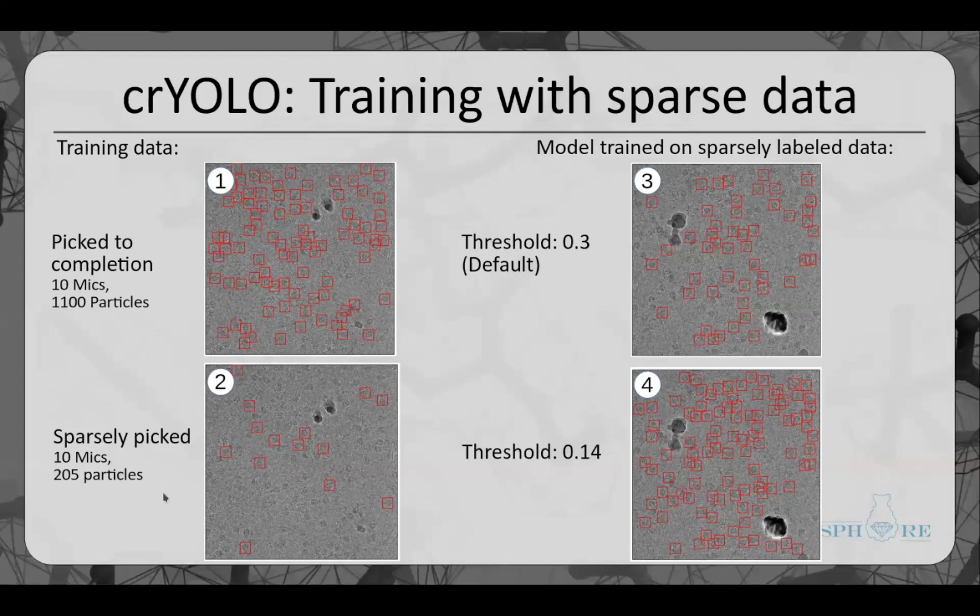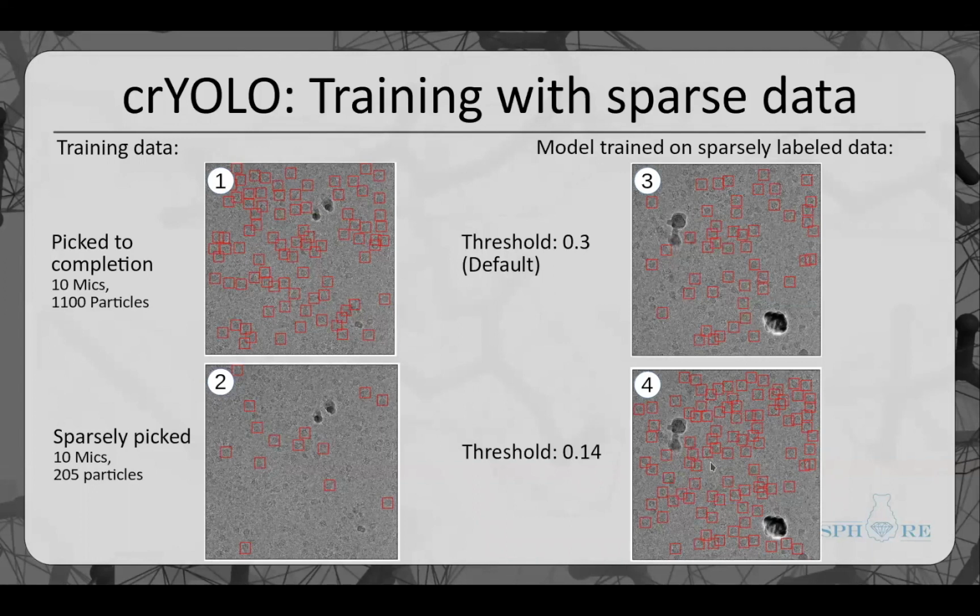And then we used this sparsely picked training set and trained a crYOLO model on it. And if you then apply crYOLO, you see that it misses quite a lot of particles. But if you then use the CBOX files and reduce the threshold a bit to 0.14, you get basically all your particles back.